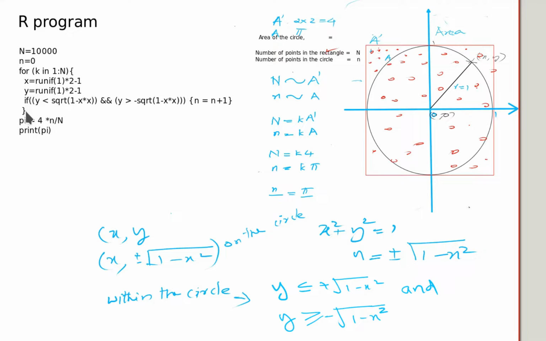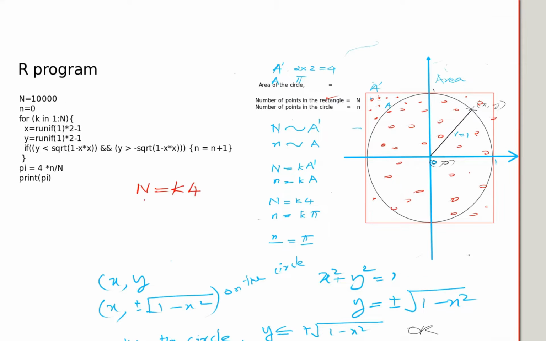So after that, once the loop is over, we will see how many of them are within the circle. Then pi is equal to 4 times n by N. 4 is the area of the rectangle. That is, N was proportional to the area of the rectangle, and small n is the number of points within the circle, so that was proportional to the area of the circle.